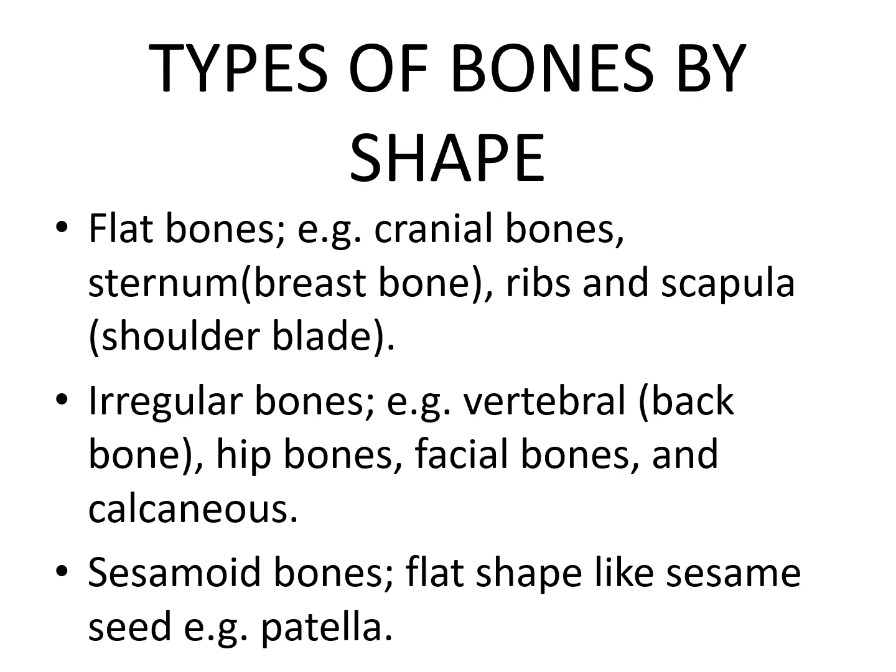Examples of flat bones: we have the cranial bones, the sternum, the ribs and the scapula. Under irregular bones, we have the vertebral bones, the hip bones, the facial bones and the calcaneus. Sesamoid bones, we have the patella. They are flat, shaped like a sesame seed.